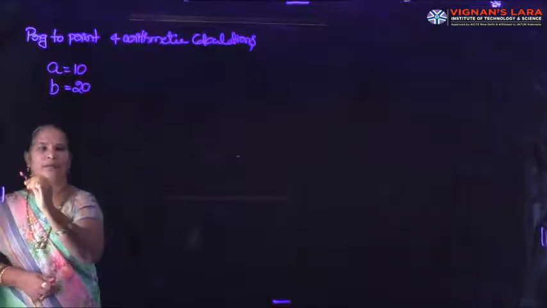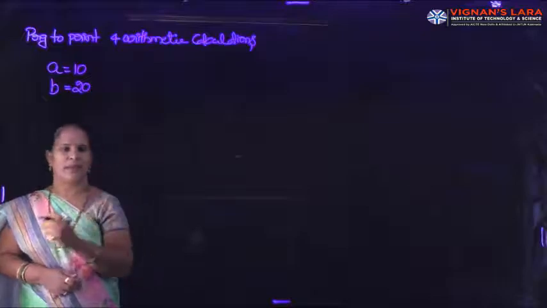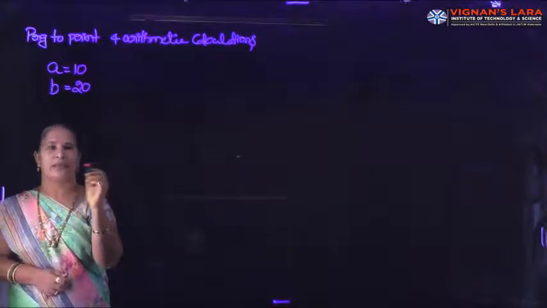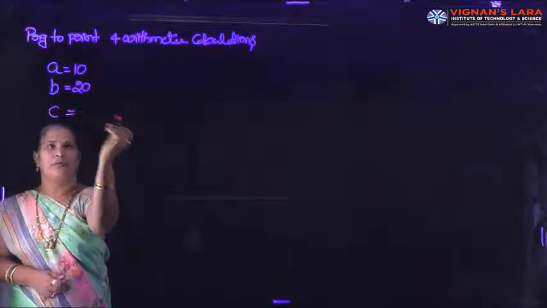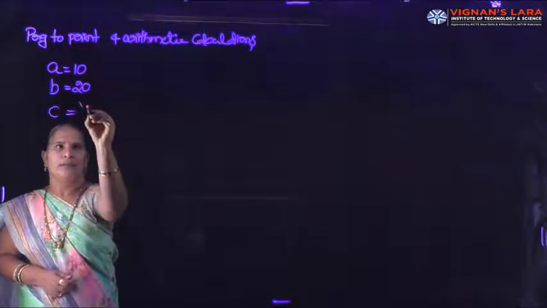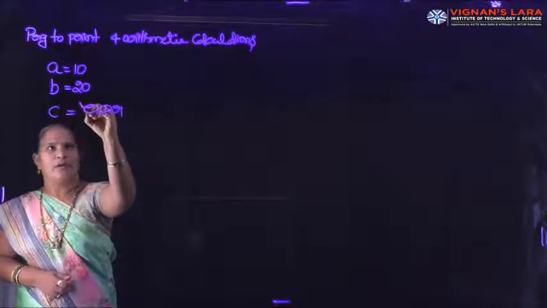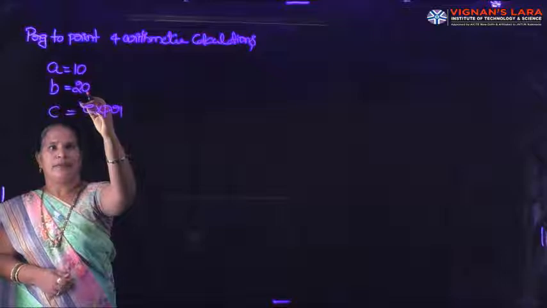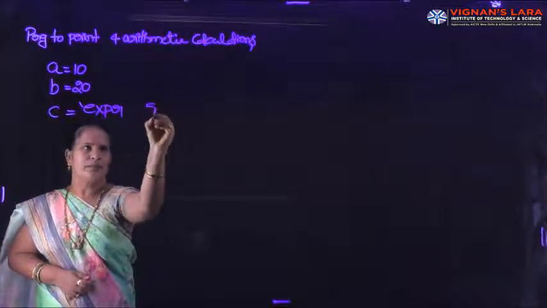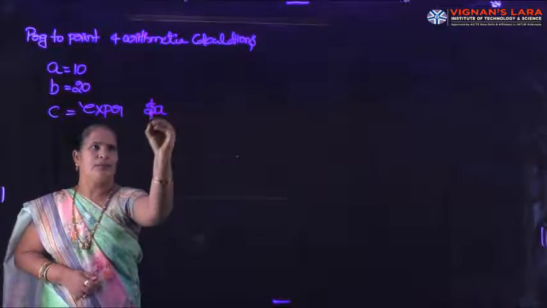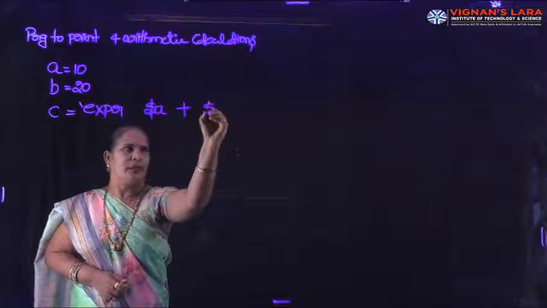In order to perform the addition operation, first we have to understand the expr command. The syntax for the expr command is: first you have to take one variable. The expr is enclosed in a single quotation, the key which is available under the escape key in the keyboard. Expr space first variable name space plus space $b, the second variable.